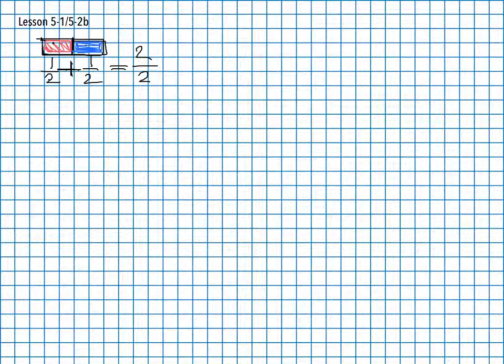Now, ladies and gentlemen, this right here is called our non-unit fraction. And it's built from 2 or more unit fractions.